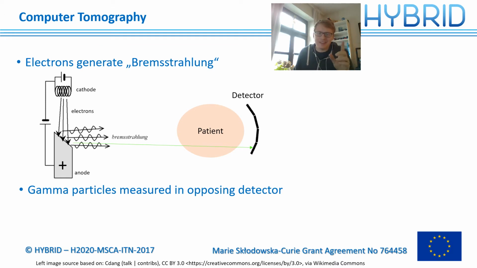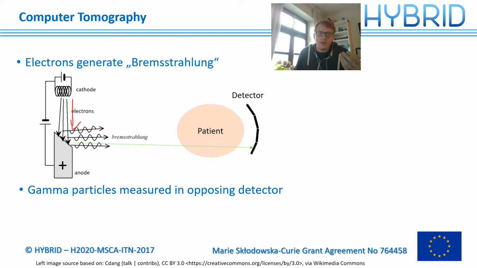First, CT has some basic principles. In CT, you usually shoot electrons onto a target and they create Bremsstrahlung, so gamma particles. While these electrons travel on this anode, these gamma particles go through your patient, and depending on how much current you apply, they have more or less energy and can pass the patient better or less well.